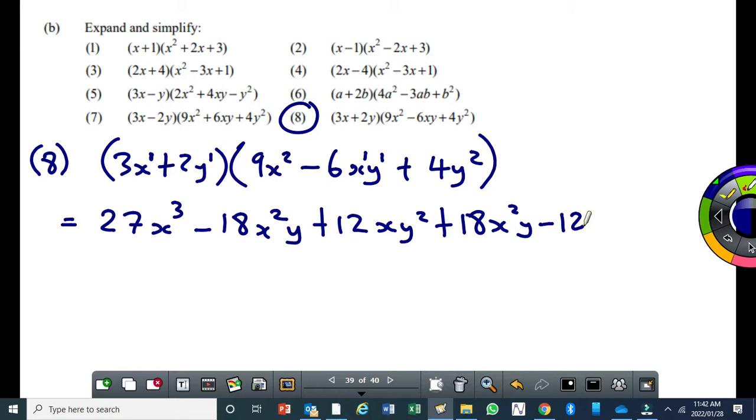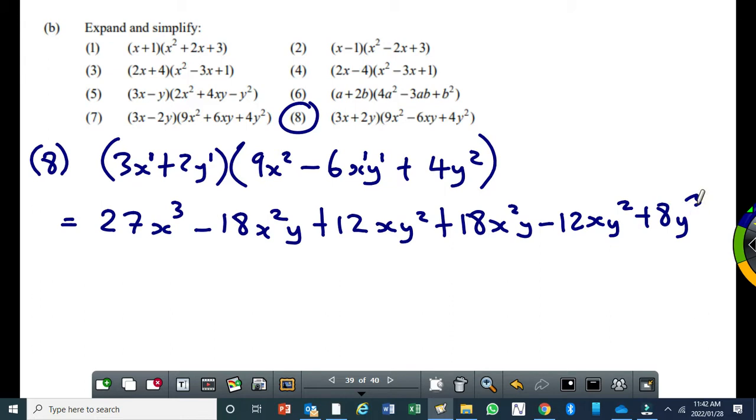Y to the power of 1 times y to the power of 1 gives you y squared. But there is also an x here, so this will be xy squared. Then 2y times 4y squared, start with the coefficient, you get positive 8y cubed.